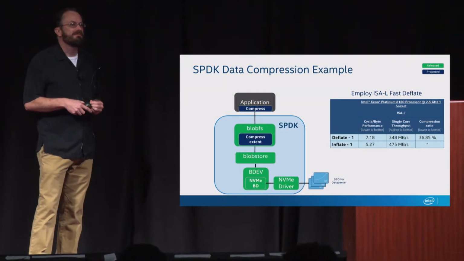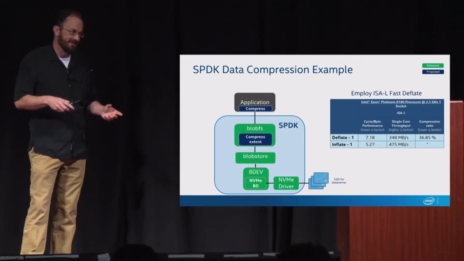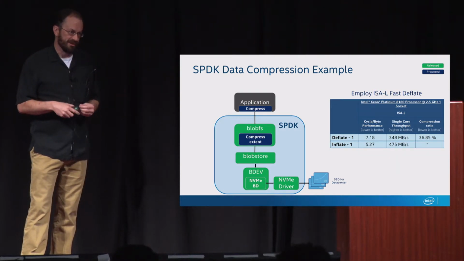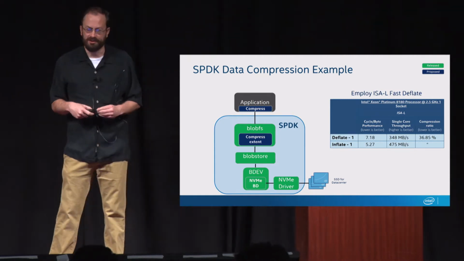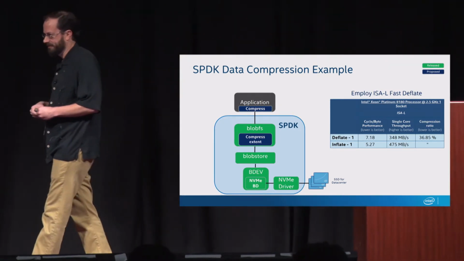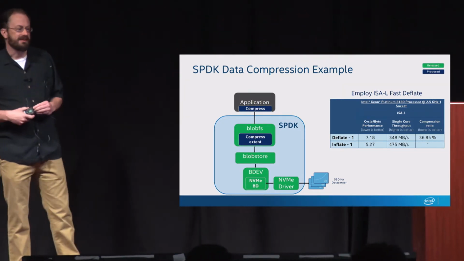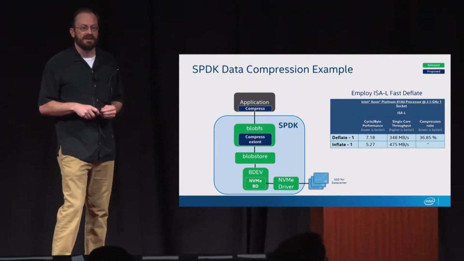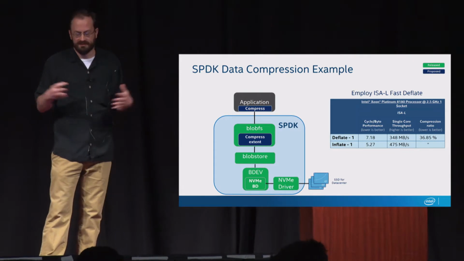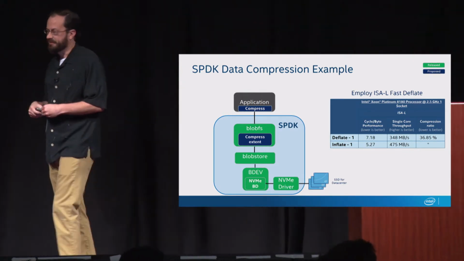So compression maybe doesn't make sense to put in a BDEV. Some people do compression at the block layer, but there are probably many entry points in an application where you can do compression, either directly at the application, in a database. It's built into some databases. In a file system, we might do an extent at a time.